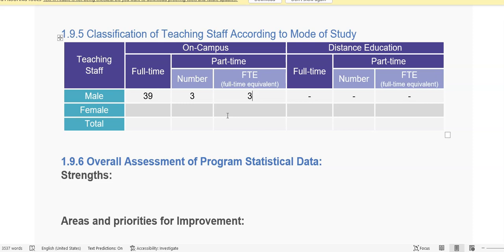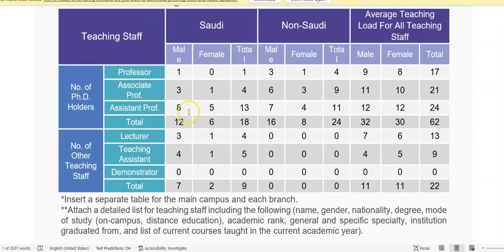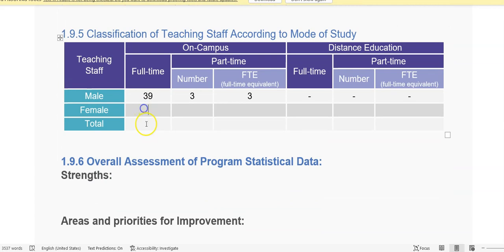They are teaching and going back to their universities. Okay, so for females, we said from here, we have 18 males and 24. Sorry, we have here for females, we have 6 and 8, so 14.